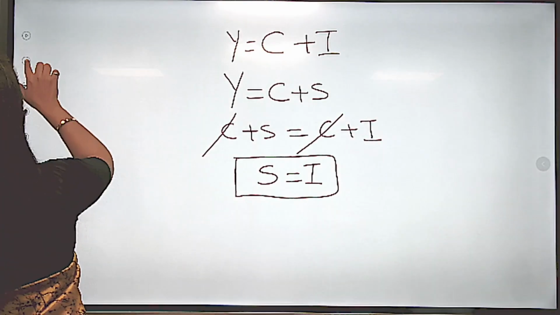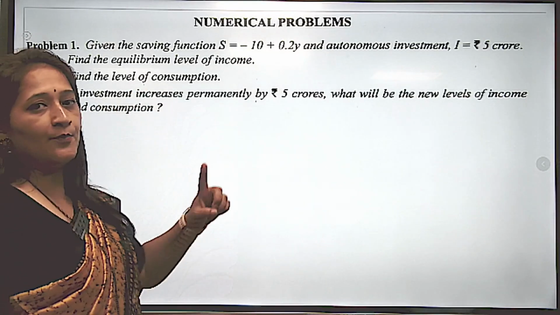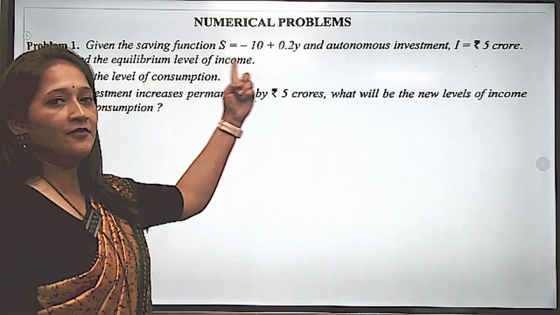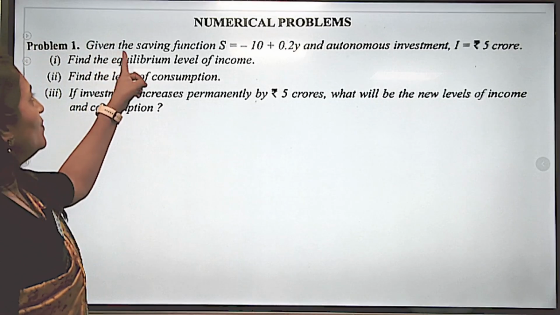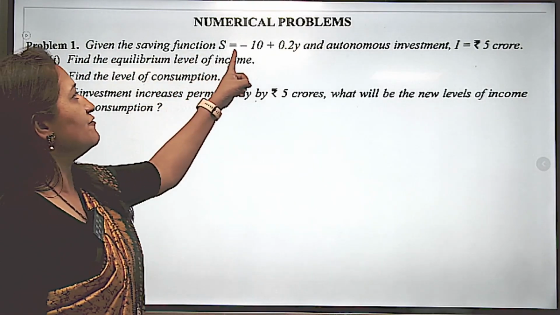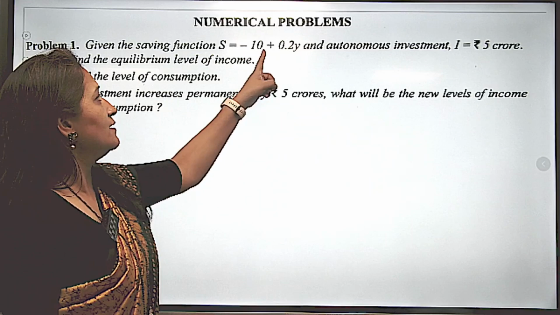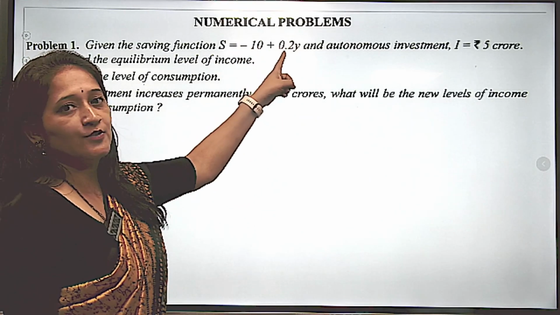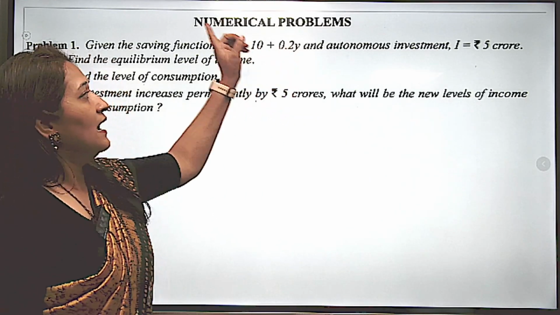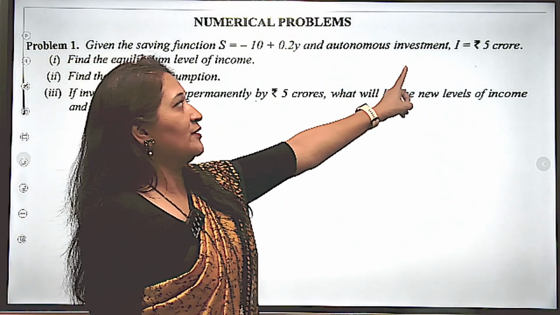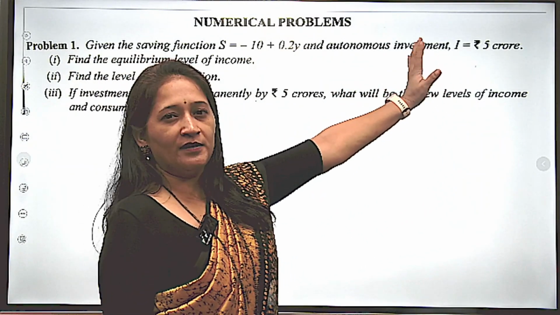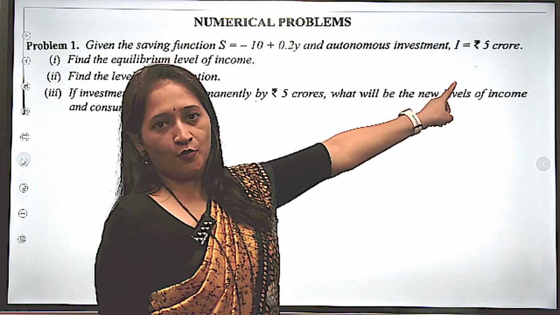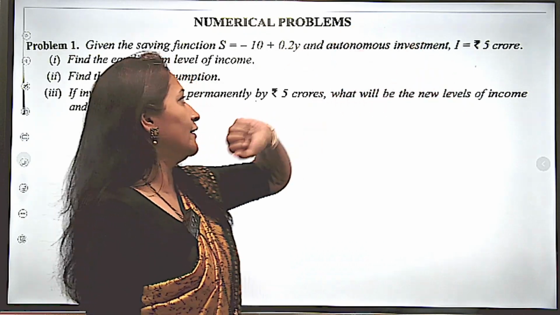So let's do the calculation with the help of data given in this case study. In this case study, we have been given a saving function S = -10 + 0.2Y, having autonomous investment I equal to, by mistake it is 5 crore, a printing mistake, it is 50 crore of investment that has been done in the country.